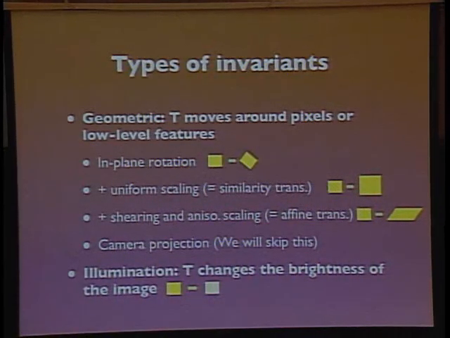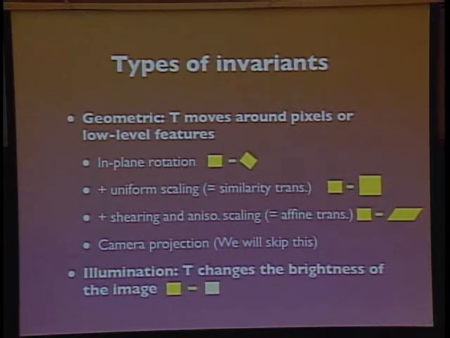Another set of geometric transformations has to do with camera projection. We're not going to talk about this in this class because it's hugely complicated. Basically, there are objects in the 3D world that you take a photograph of. Any particular object has a set of points on it that is defined by a set of 3D coordinates, xyz, xyz, xyz.